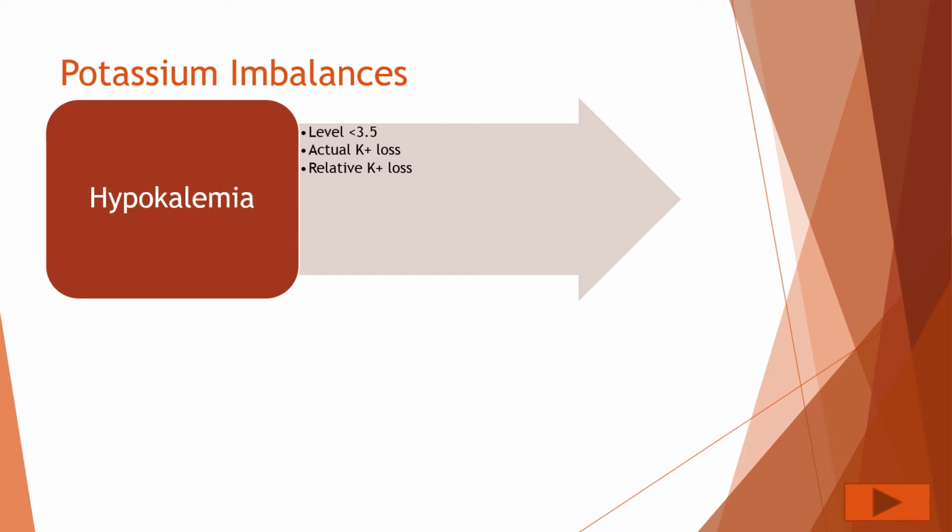Actual potassium depletion occurs when potassium loss is excessive or when potassium intake is not adequate to match normal potassium loss. Relative hypokalemia occurs when total body potassium levels are normal, but the potassium distribution between fluid spaces is abnormal, or it is diluted by excess water.